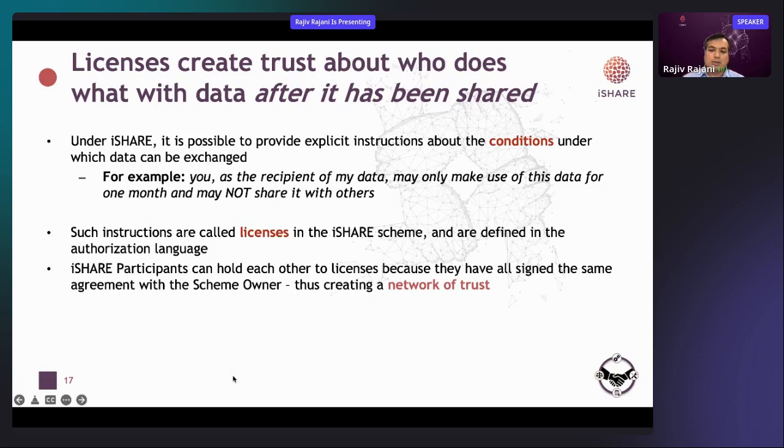Because you have legally signed that information and there is a digital trail of the proof that you received the data and you did not stick to the usage rights or usage policy associated with that data set, I, as a data owner, have legal basis to hold you in contempt in a court of law, basically. So that is what gives the data owners the confidence and the data sovereignty.